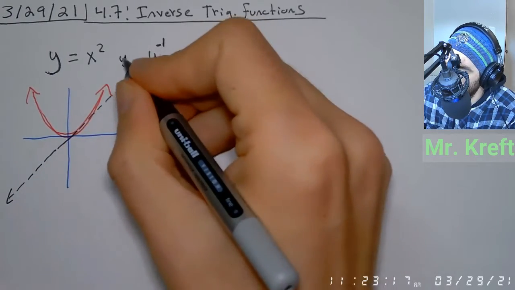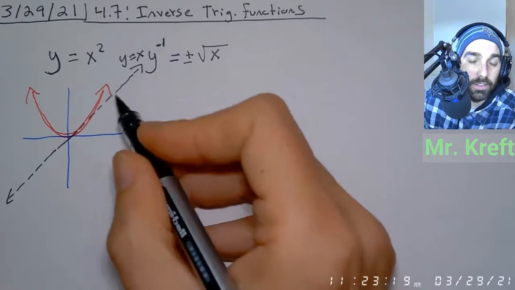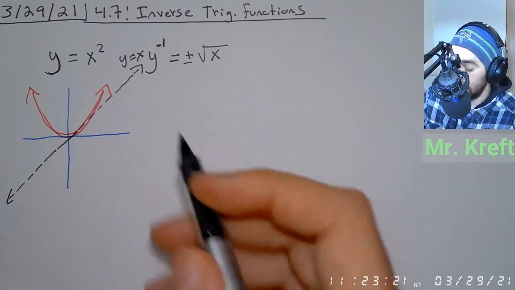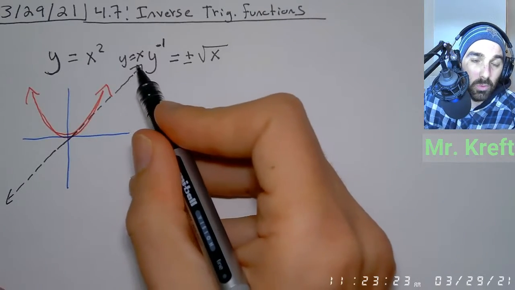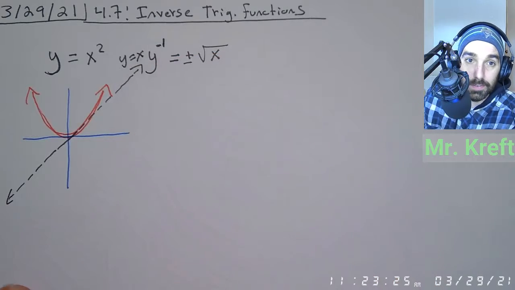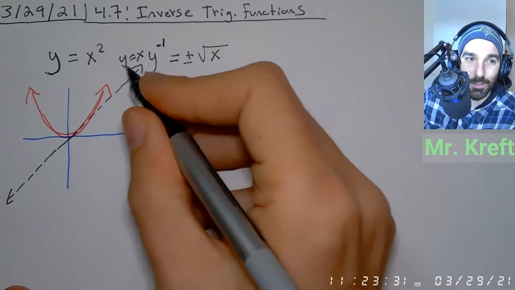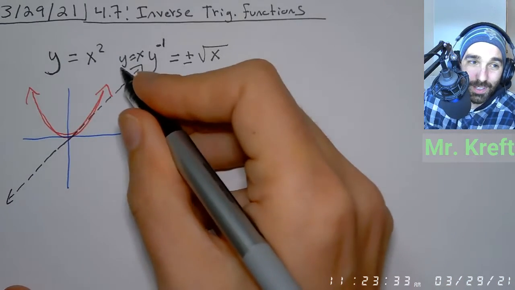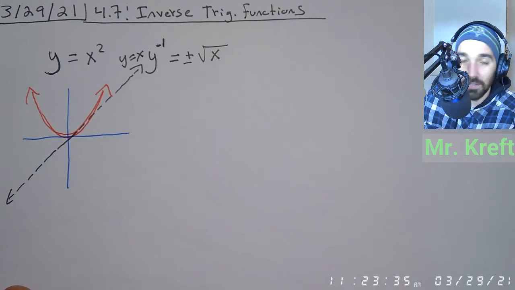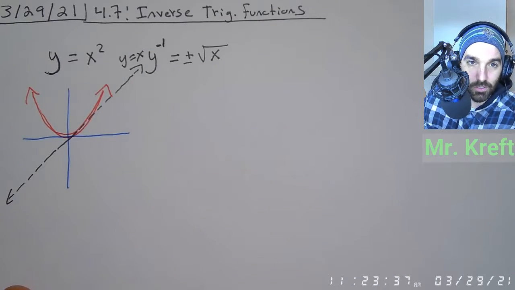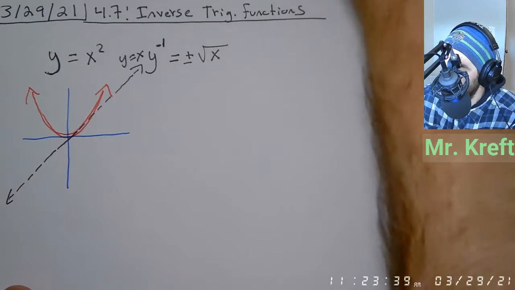What an inverse is a reflection over y equals x. And this is a really good tie-in to what we're doing today, is think about y equals x. Y equals x literally means the y and the x are switching places. Okay, so whatever your x's were, now they're your y's, and whatever your y's were, now they're your x's. And if you think of it that way, that helps really build an understanding for what inverses are.